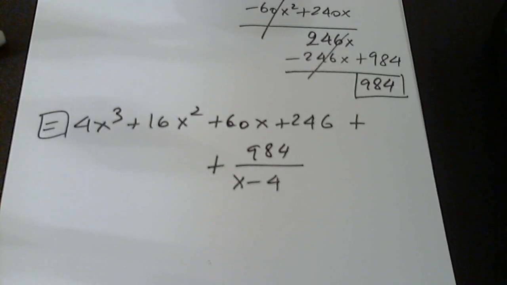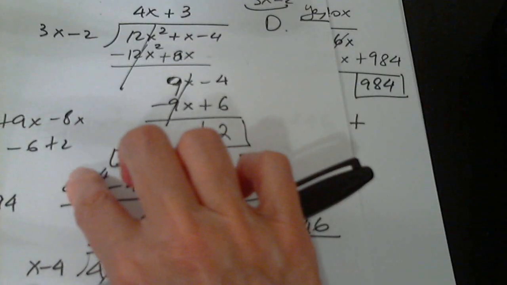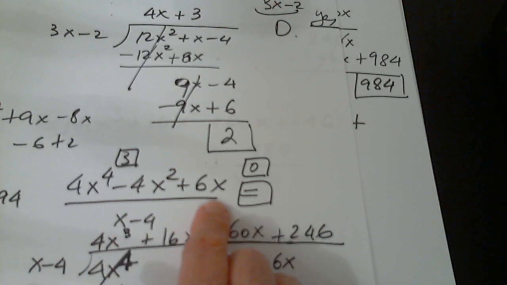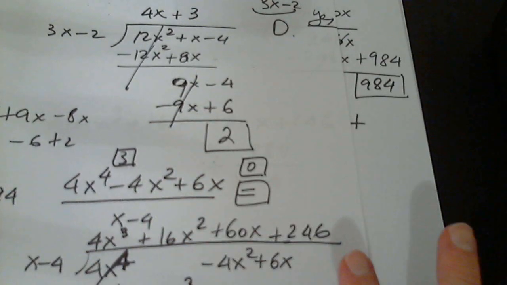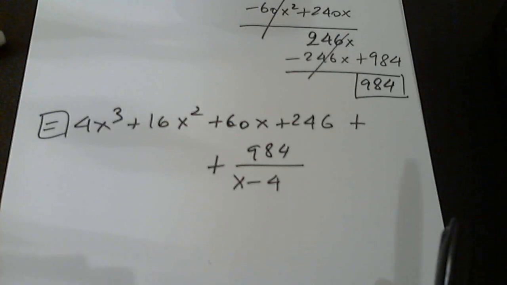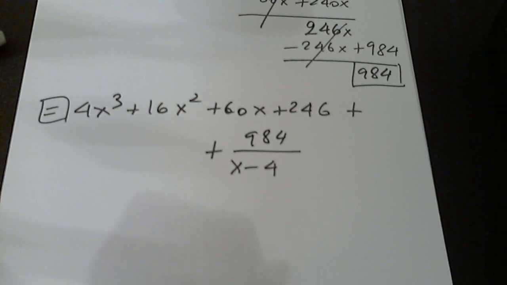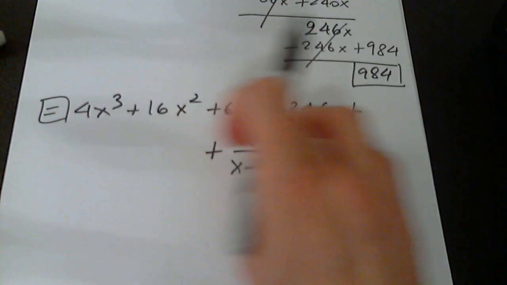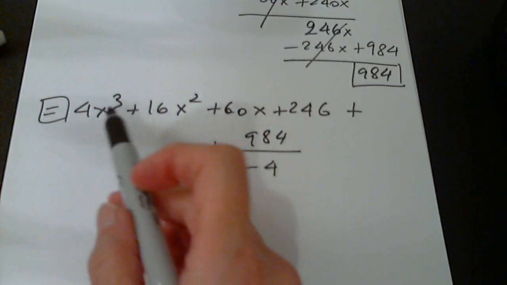Okay, ready. If I do not get 4x to the fourth minus 4x squared plus 6x at the top, something went wrong. I have to start from scratch. So x times all these, and then negative 4 times all these. x times this.